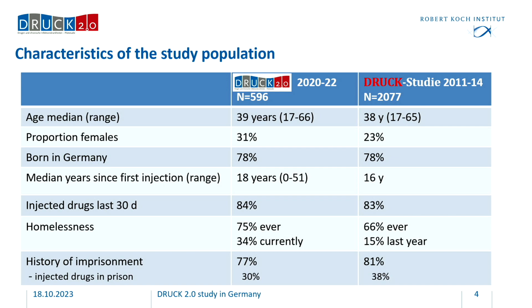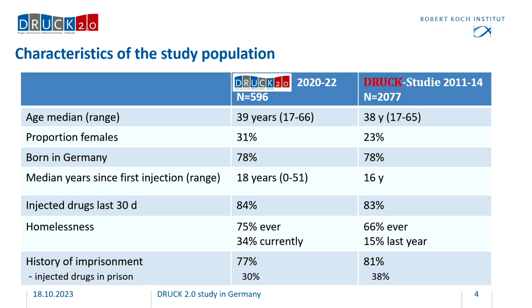The study population was very similar. Median age was 39 years, proportion females less than 1/3 or 1/4, 78% born in Germany. 18 and 16 years since first injection, and all of them, or 84% of them, injected also very recently in the last 30 days.